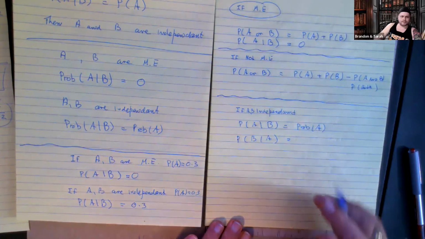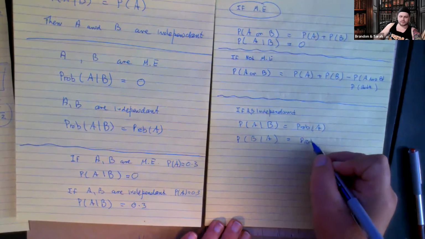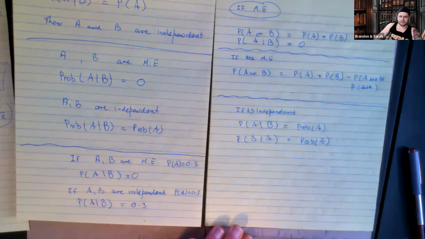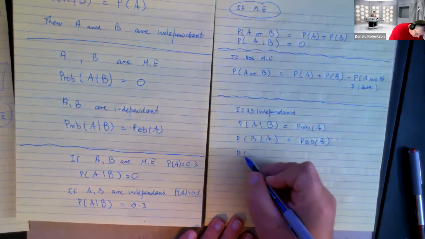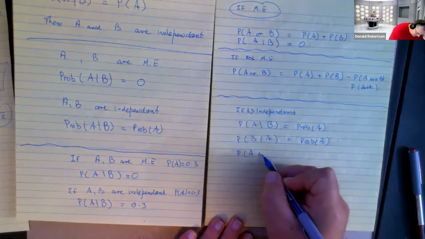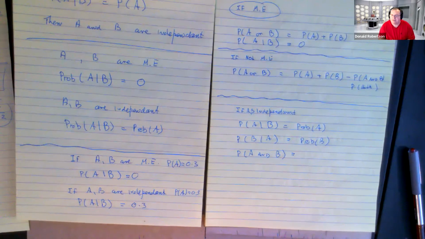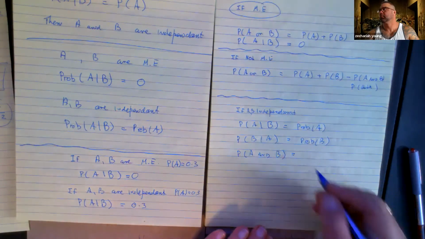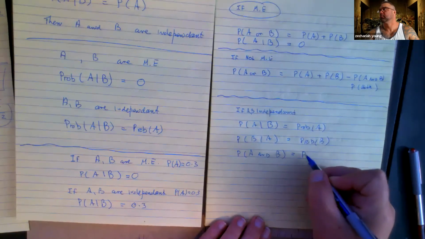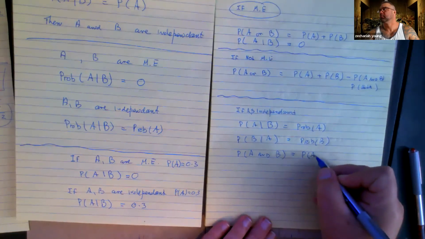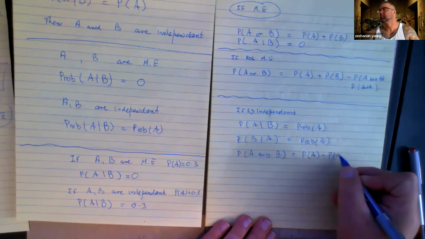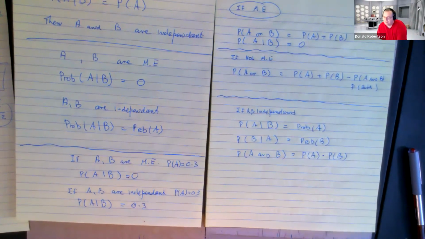B. Yeah. And this one, you might not figure out. What do you think the probability of A and B happening is? If they are independent, at least, you multiply them together.